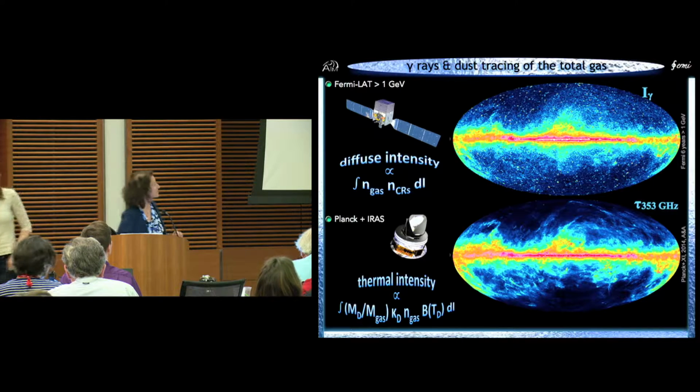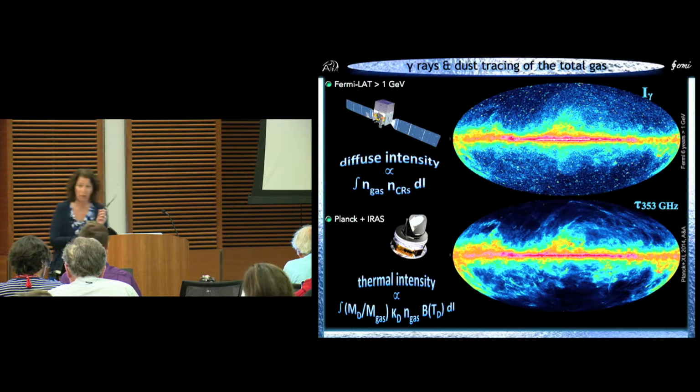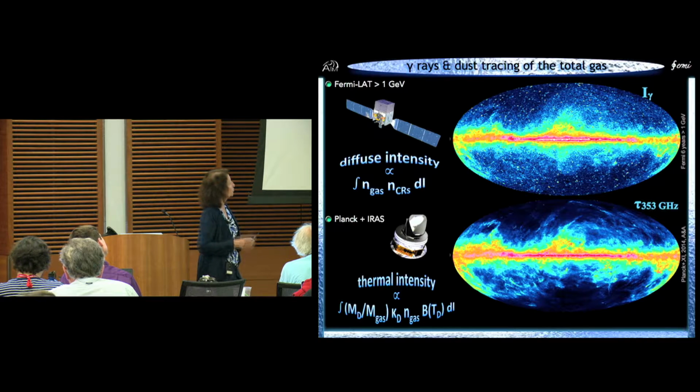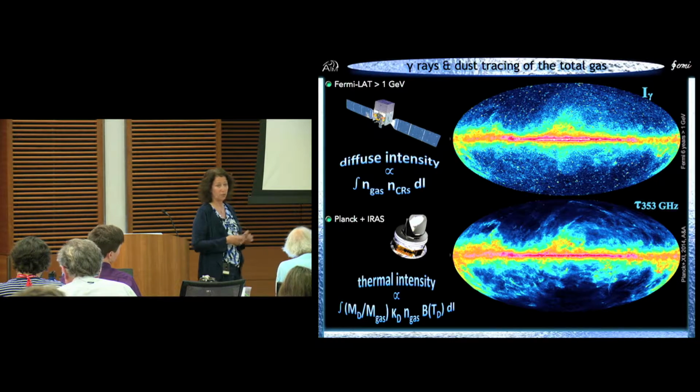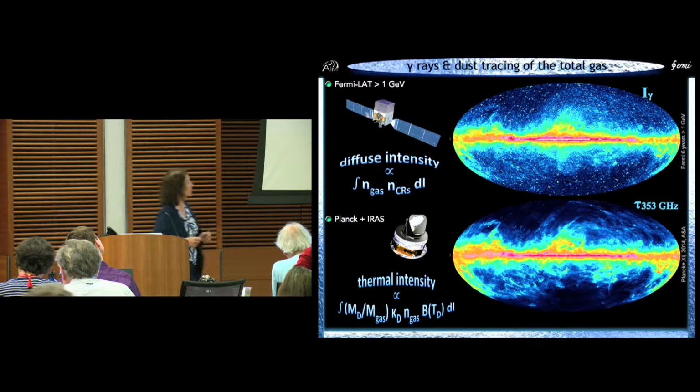Okay, so the idea is really to use two total gas tracers. The upper map is the gamma ray map by Fermi, and the lower map is the one that Marc-Antoine here has done for the optical depth of the dust using some millimeter plus IRAS plus corrections for the temperature and spectrum.